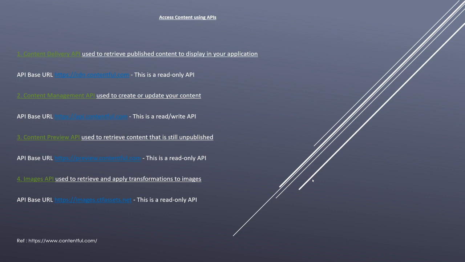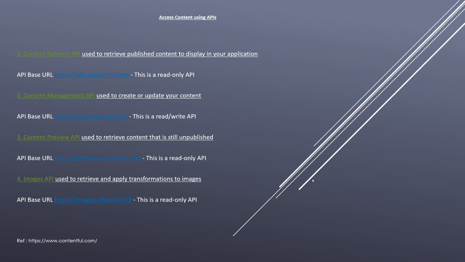The content which is displayed to the end user will be available to access using the Content Delivery API, that is https://cdn.contentful.com. And the main point to be noted here is this is a read only API. That means the content which is already on production cannot be edited.